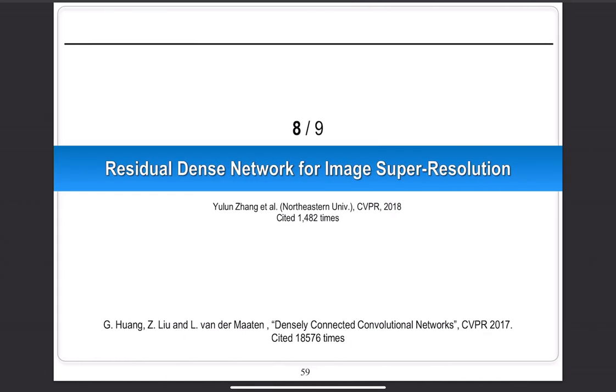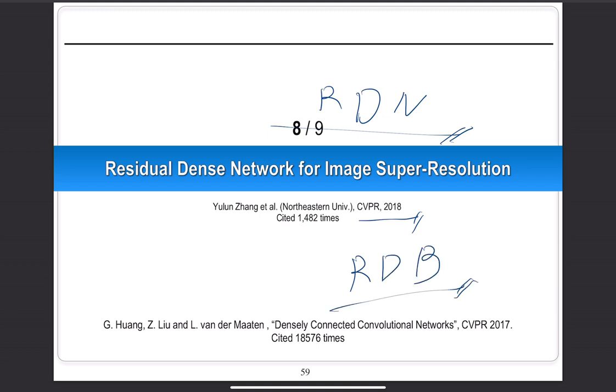We will briefly talk about the residual dense network for image super resolution, which is called RDN. RDN was proposed in CVPR 2018. RDN introduced the concept of the residual dense block, RDB, which combines the benefits of residual learning and dense connectivity.